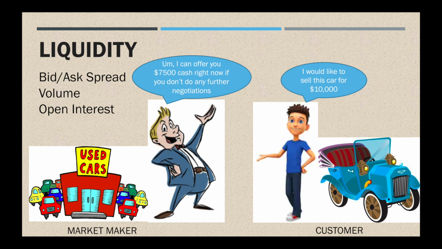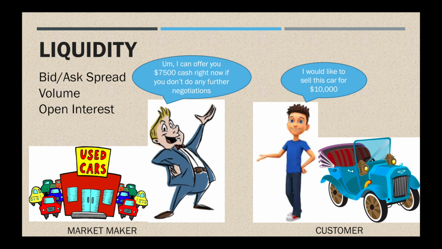Plus, if he checks the volume, he can see that there are many Tesla cars that he has sold in the last month. So high volume and high open interest, that means he literally has no risk of that Tesla sitting in his dealership for any amount of time.